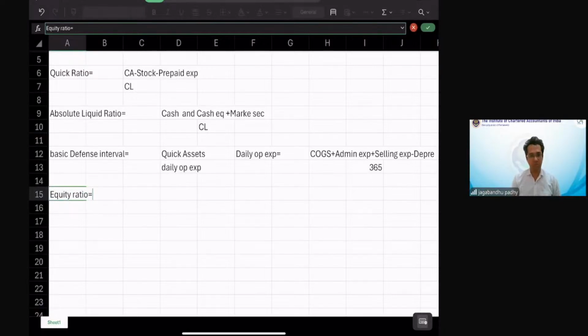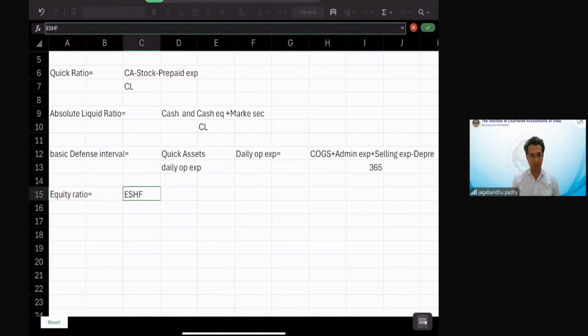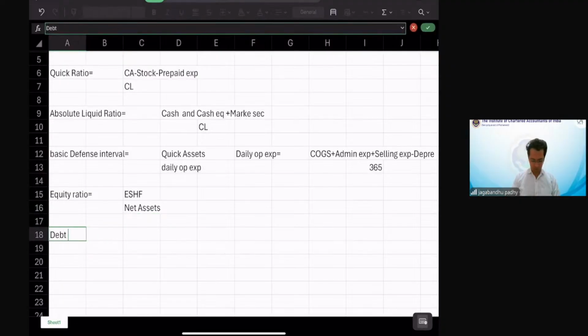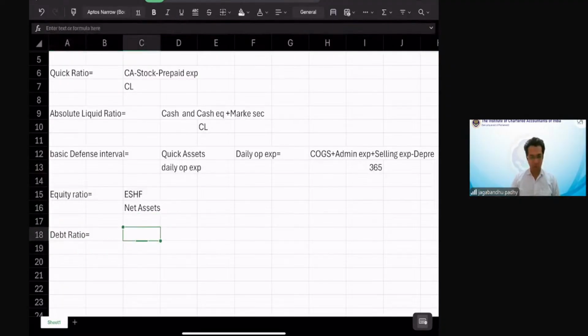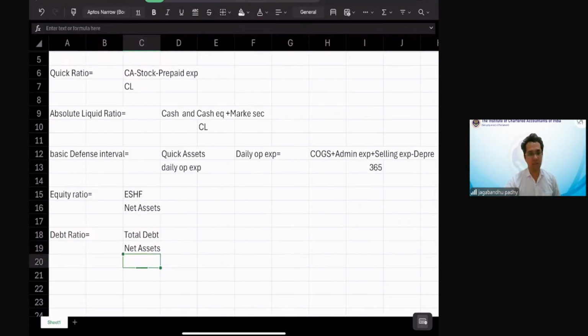Equity ratio. Equity ratio is equity shareholders' funds upon net assets, right? Then we have another ratio called debt ratio. Debt ratio is going to be total debt upon net assets, right? That's your debt ratio.